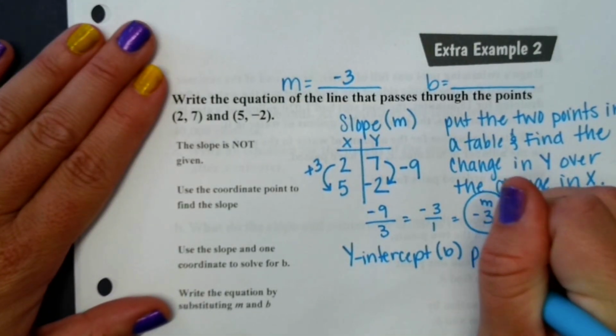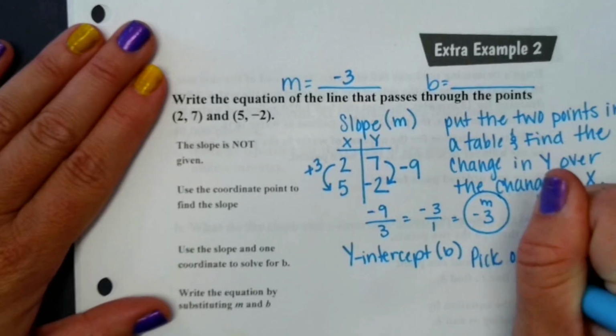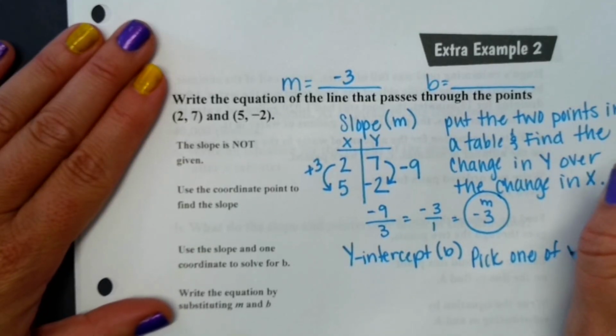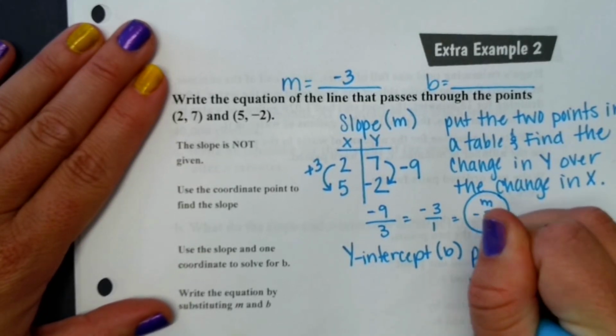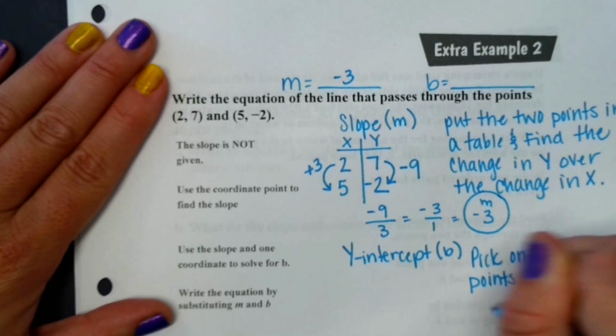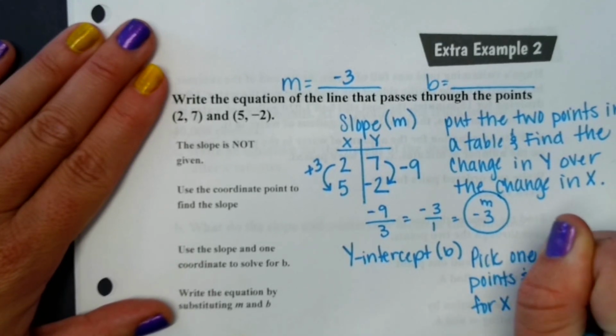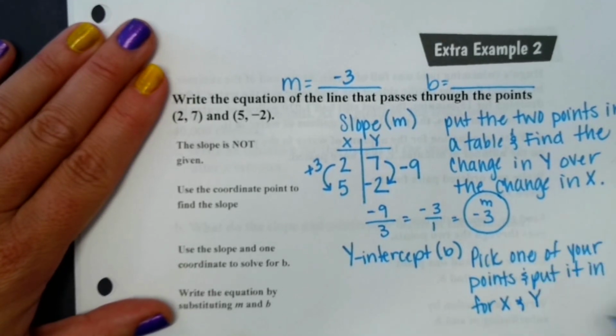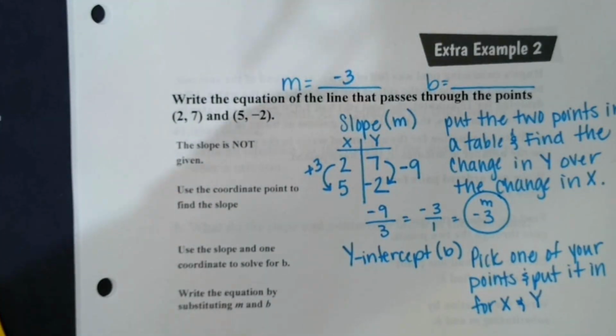Y-intercept. Pick one of your points and put it in for x and y.